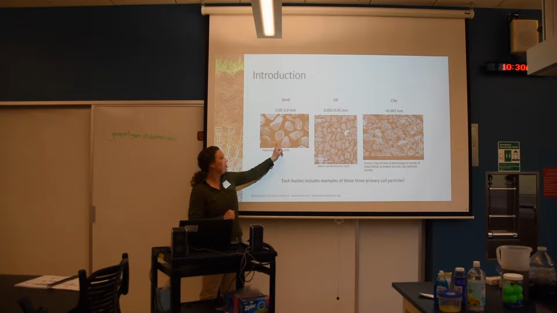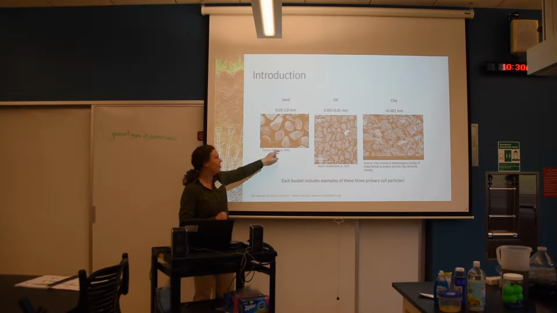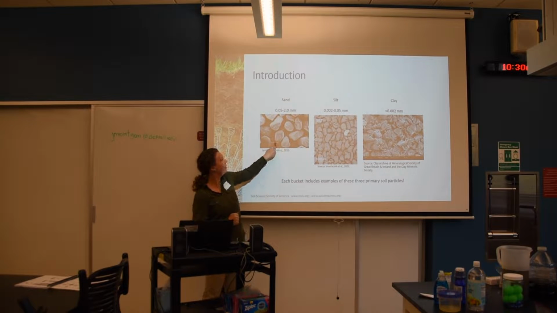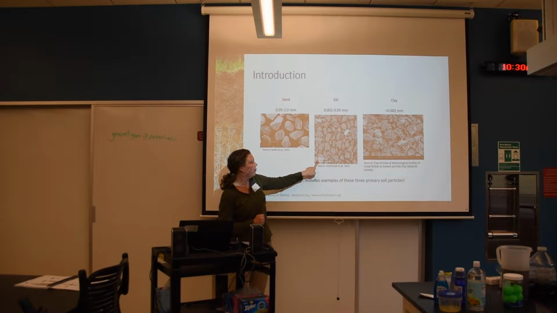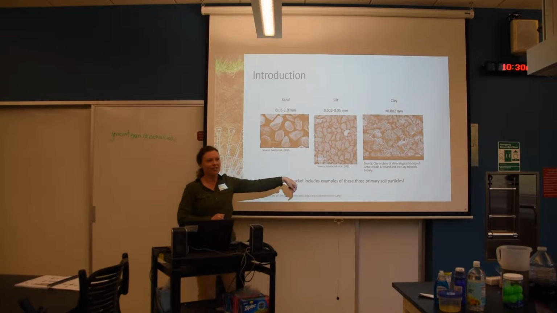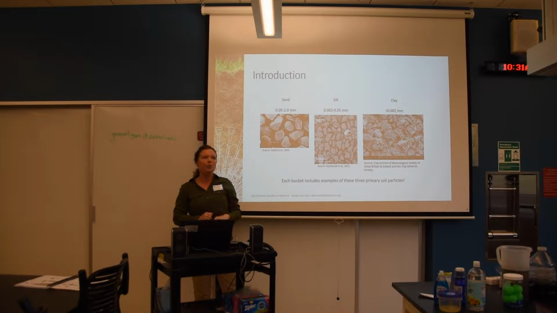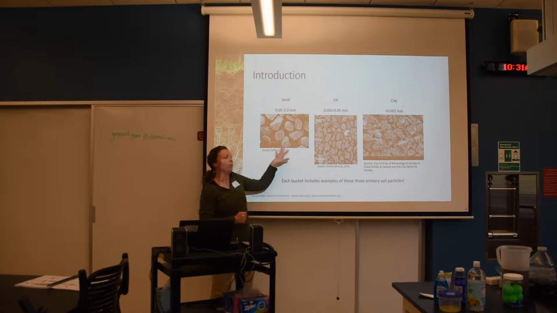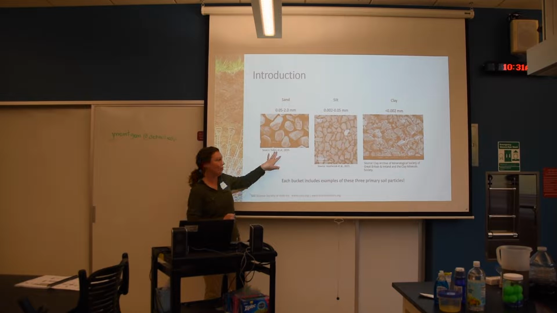So this first image has a scale of 100 micrometers. Is this small little area right here? That's 100 micrometers. Here, 100 micrometers is this longer line here. So you can tell just by the size of the scale bar itself that these silt particles are significantly smaller than the sand particles are.